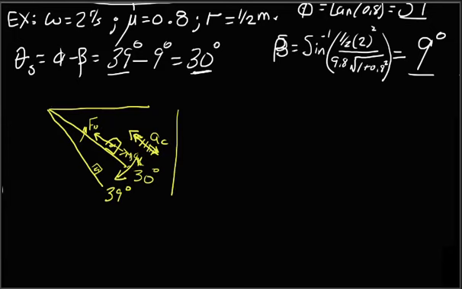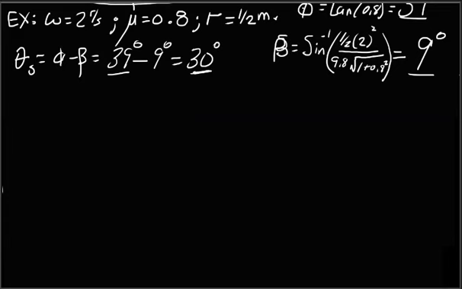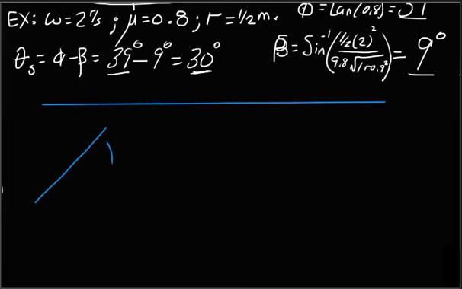Now, an interesting question could be, will this work on the way up as well? Let's take a look at that. Let's take a look at the case of the box sliding down the hill while rotating up. So we have omega going up, m.